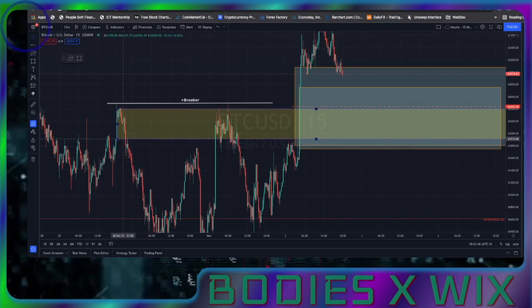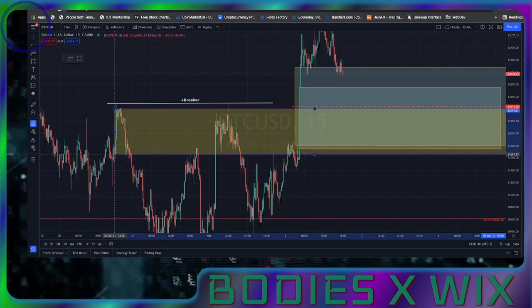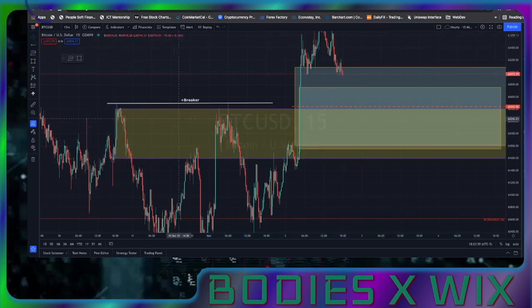Yeah, so this breaker could actually go all the way down to here. I don't think it would fight all the way through there, but this is where the bearish order block starts.